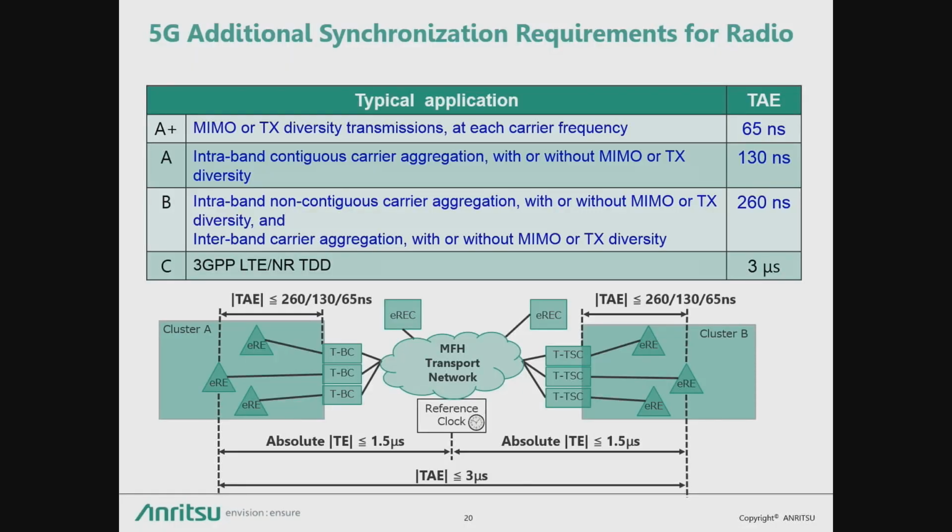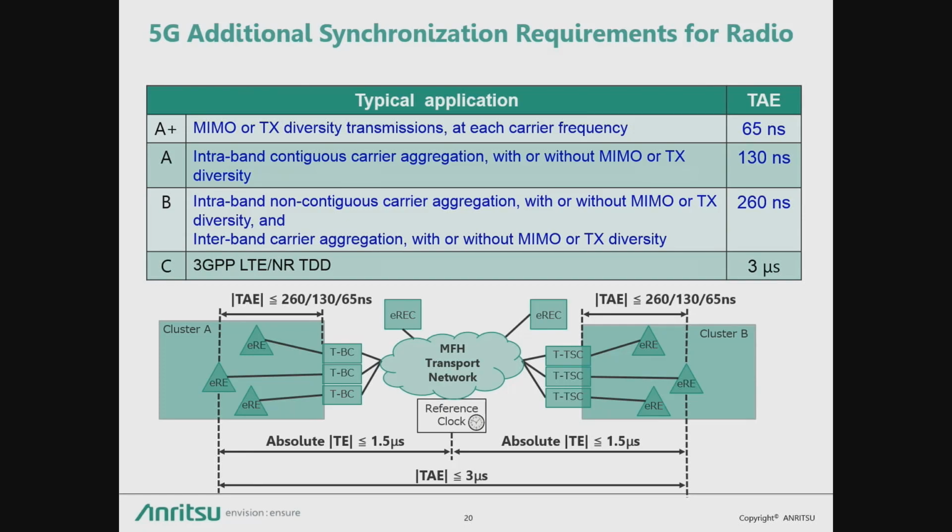Now, when you start adding additional synchronization requirements, and I'm not going to spend too much time on this, within the radio itself it starts getting really tight, specifically for MIMO applications. You can see up here for what they call category A+, the synchronization, so this is your timing error, is 65 nanoseconds. This is not going all the way from the radio through your boundary clocks to the reference clock.